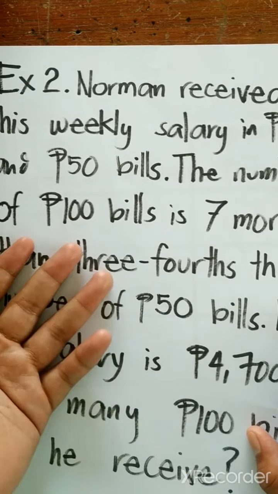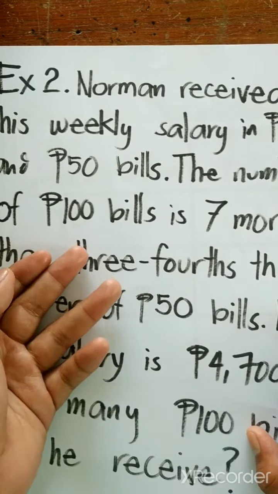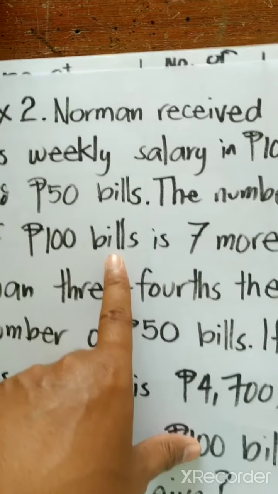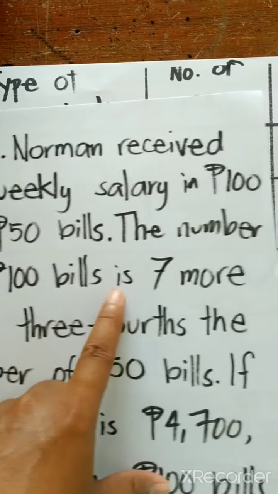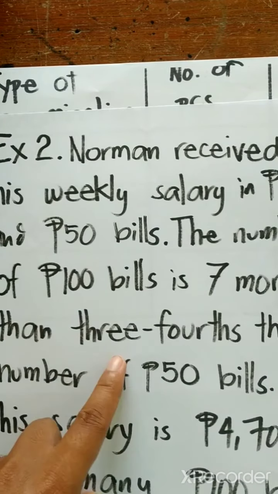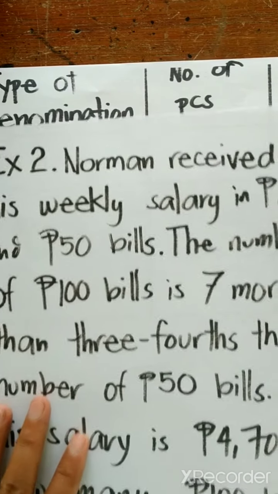We don't have any indicators for our 50 peso bill, so that will be our unknown. Let's write x there. And we have this expression for the number of 100 peso bills: 7 more than 3/4 the number of 50 peso bills.